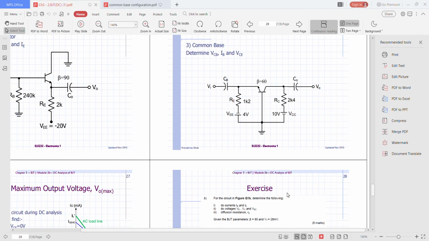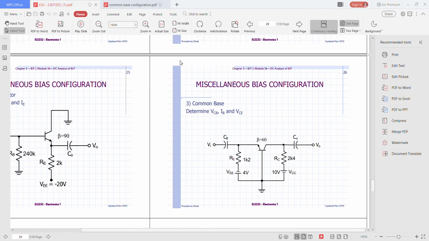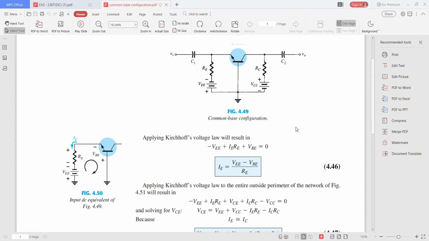Before I move on to the other slide, I would like to explain a little bit on common base configuration. If you look at these notes here, this is a common base configuration. You can see here the base of the transistor is connected to the ground. So this will be the input loop and this will be the output loop.